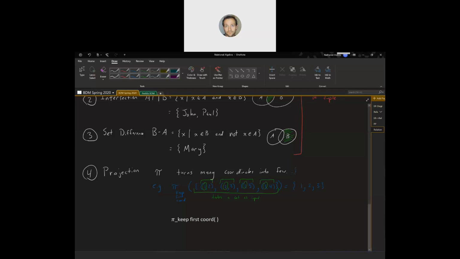Sometimes students are inclined to maybe write something like this. So you're taking the first coordinate of the first element, the first coordinate of the second element, the first coordinate of the third element, and the first coordinate of the fourth element. But these are actually the same. With sets, repeated elements are just not included.